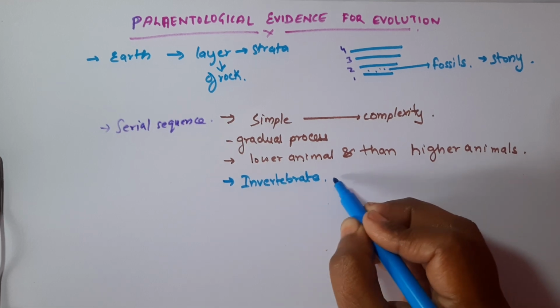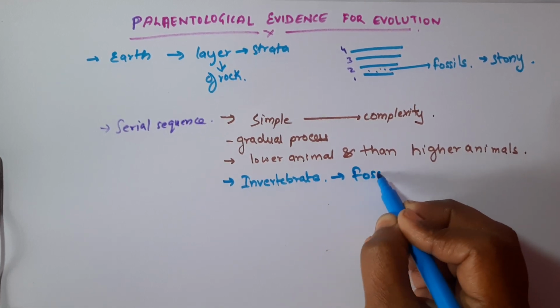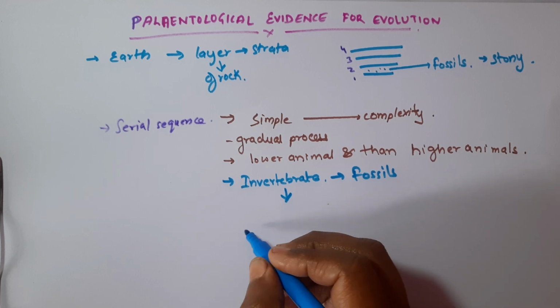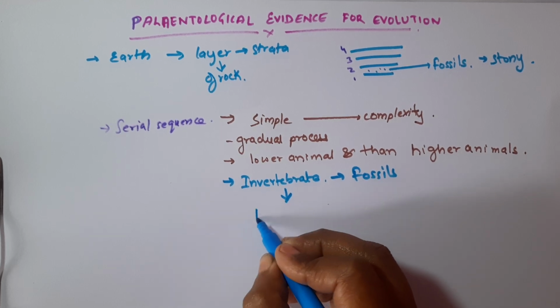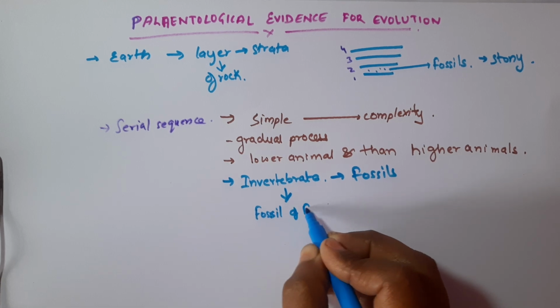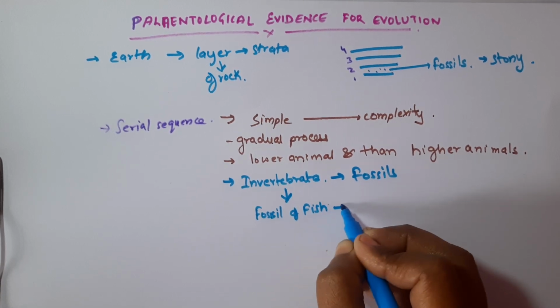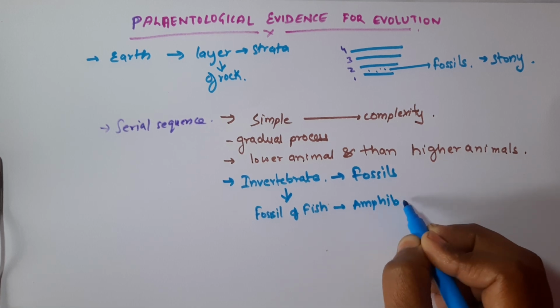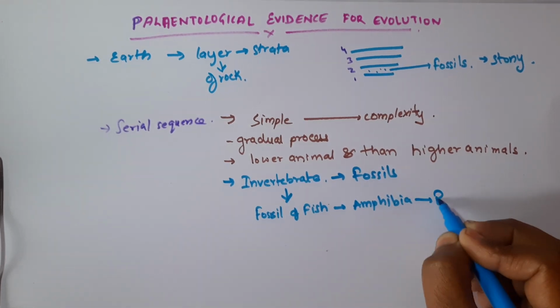So first the invertebrate fossils are found. Then sequentially there are fossils of fish. After fish, amphibia, and then reptiles are formed.